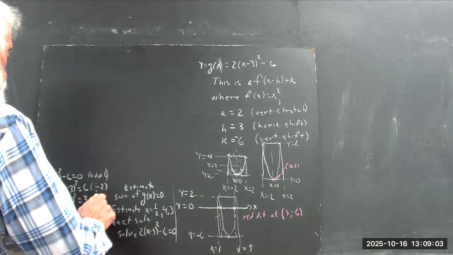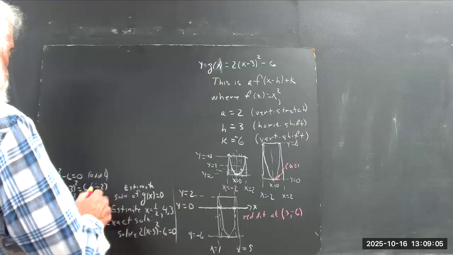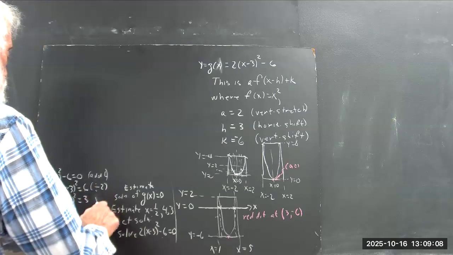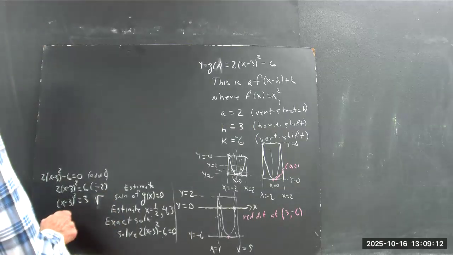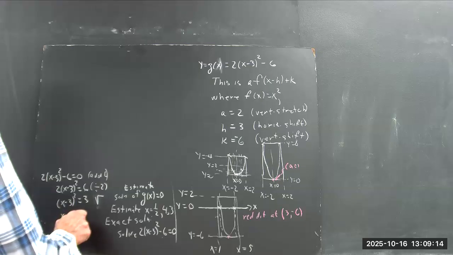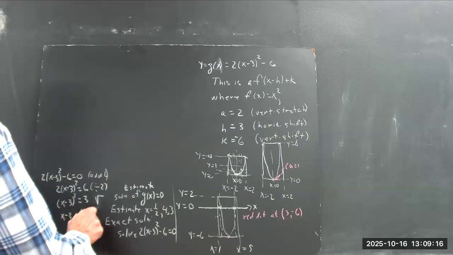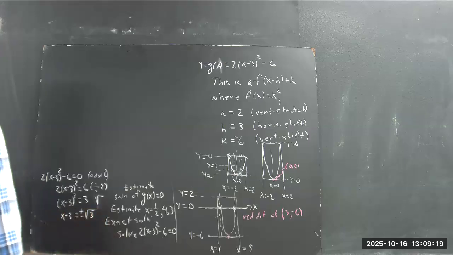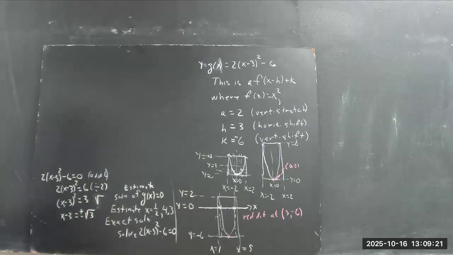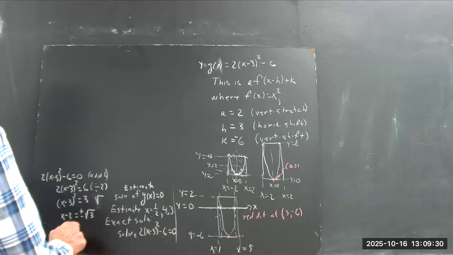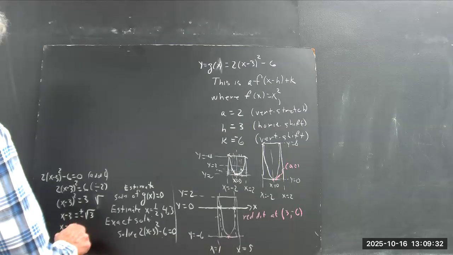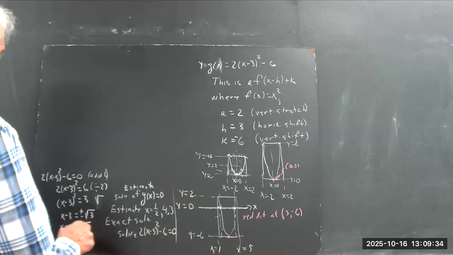And then square root. So x minus 3 equals plus or minus the square root of 3. So x equals 3 plus or minus the square root of 3.